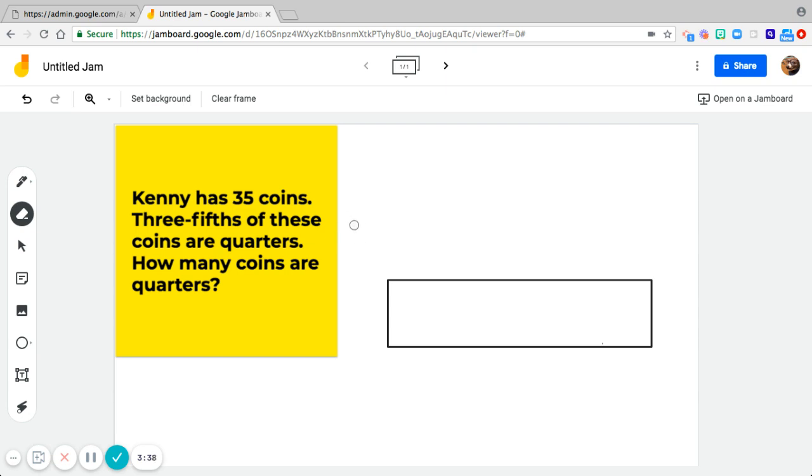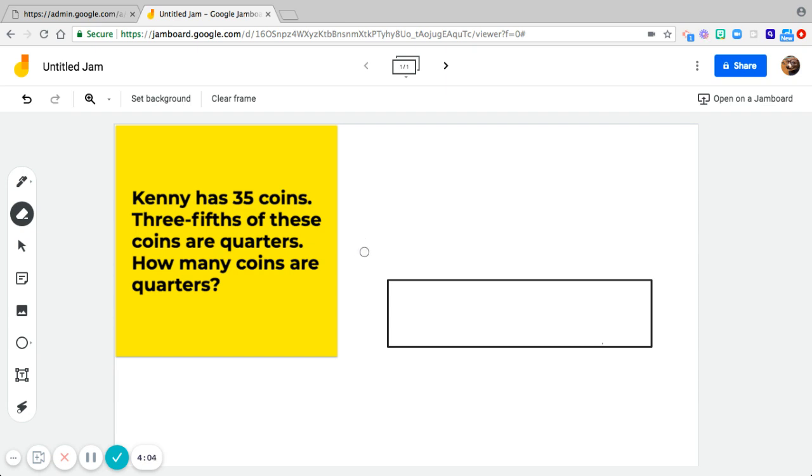Okay. Now let's do our last read, our third read. And after we read this together, because again, this read will be done chorally as well, I want you to start thinking about, what mathematical questions can we ask based off of this question? Okay, so let's get ready to read the problem again.